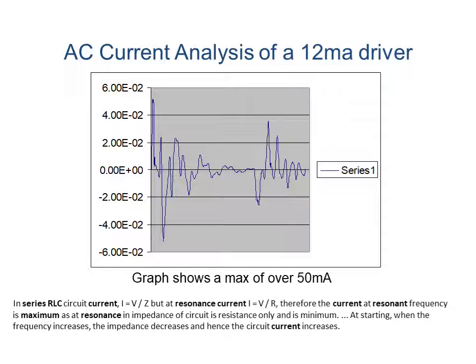As you see in the plot of the AC current analysis of a 12 milliamp driver, the graph typically shows that it actually consumes a maximum of over 50 milliamps for this AC circuit analysis.